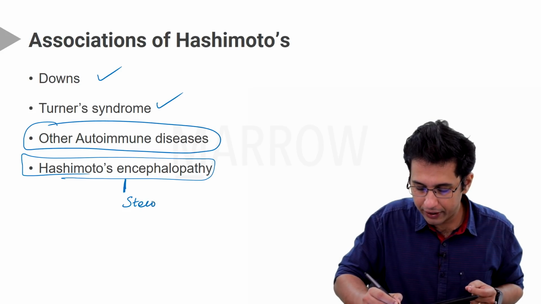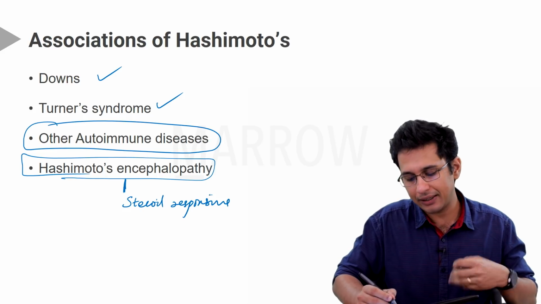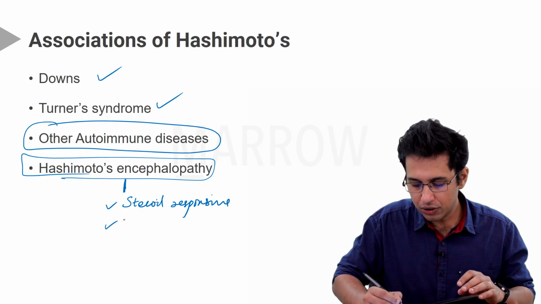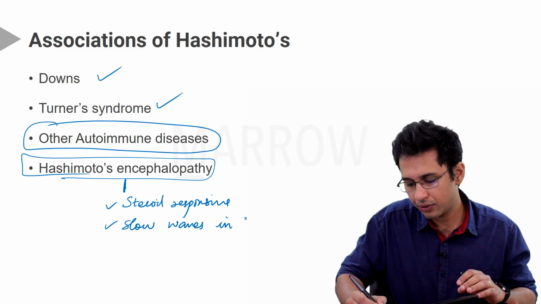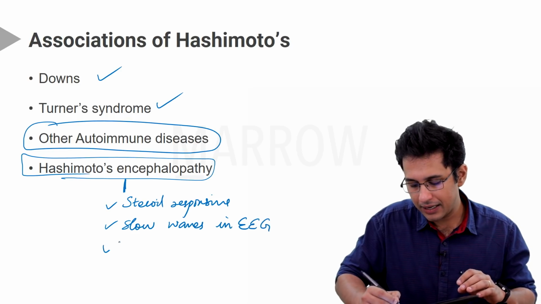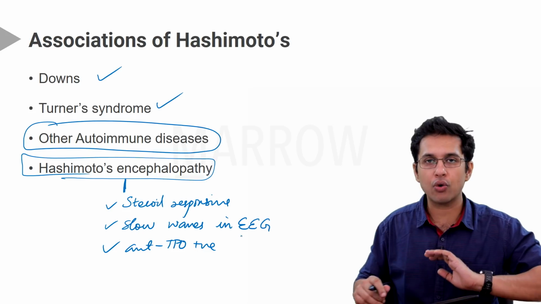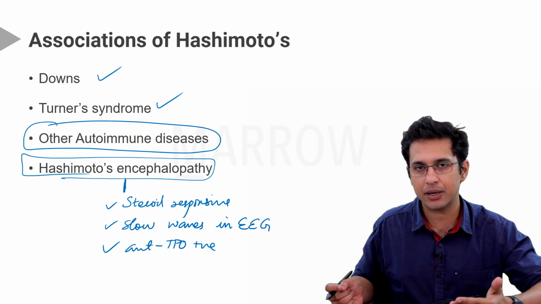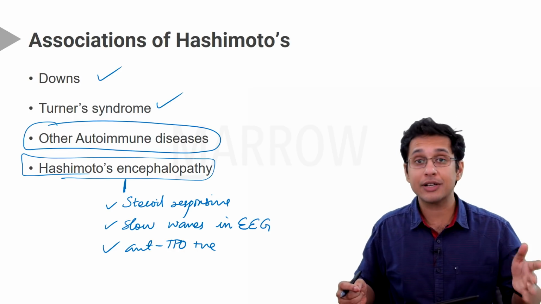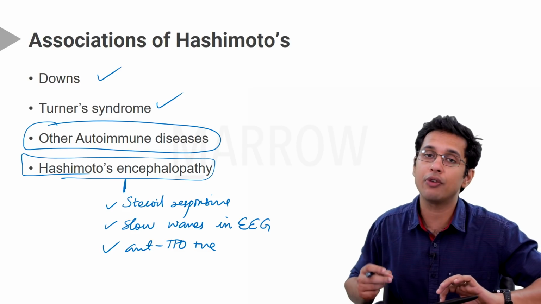It is a steroid responsive encephalopathy with slow waves in EEG, and anti-TPO antibodies are positive. Steroid responsive: basically you have to rule out all other causes of encephalopathy. Then you find TPO antibodies are positive, which may or may not be associated with hypothyroidism. It is steroid responsive and there are slow waves in EEG.